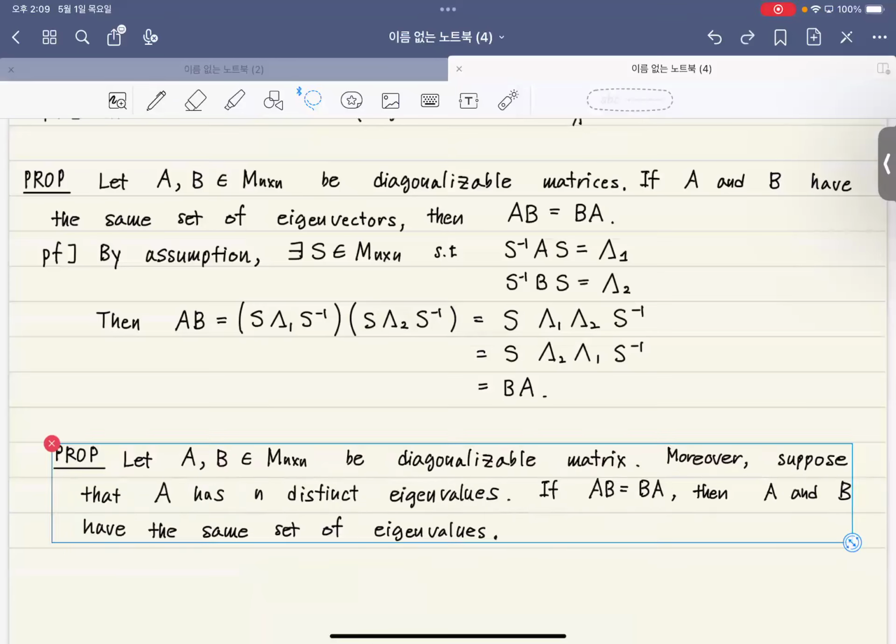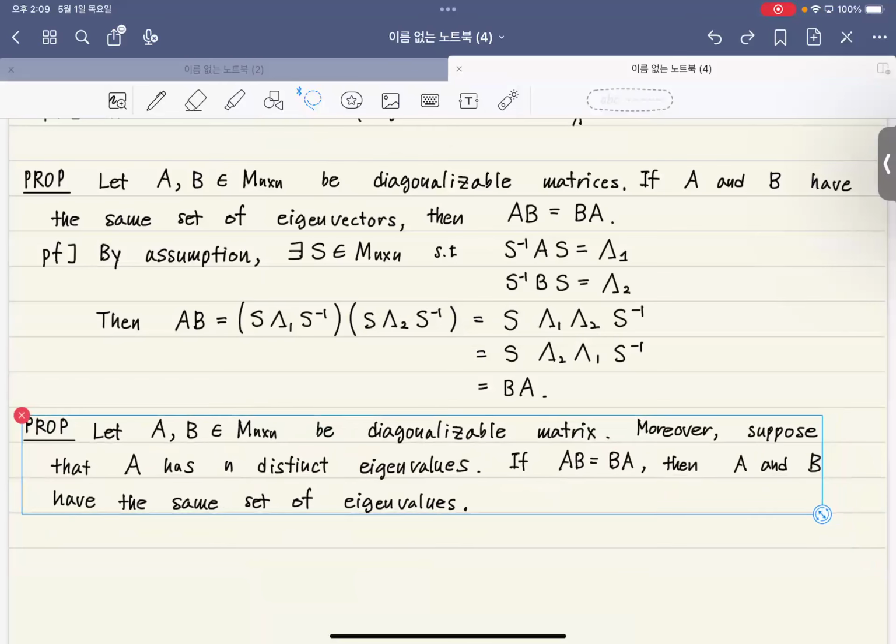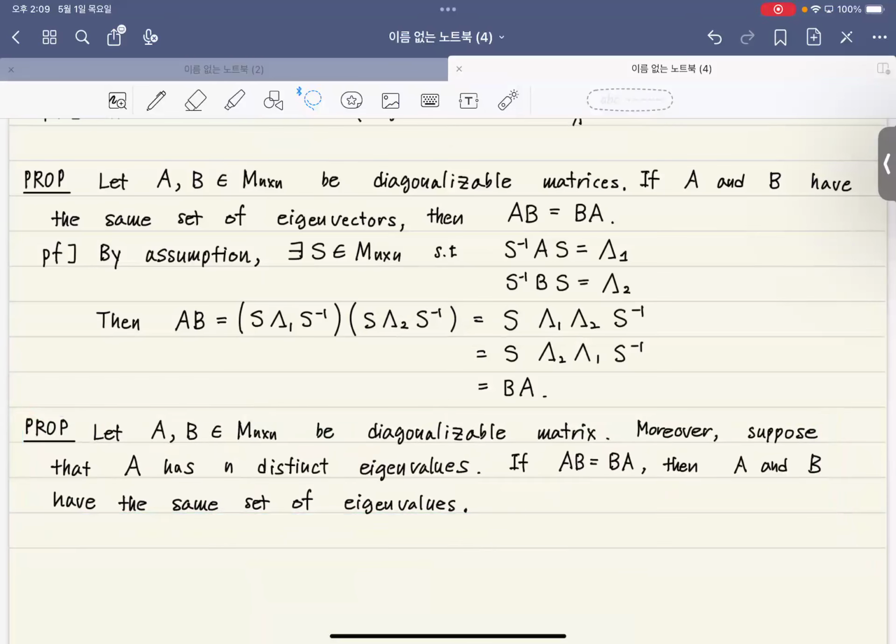In fact, the partial converse of the above proposition is also true. Again, let us assume that A and B are both diagonalizable matrices, and I am putting an additional assumption on A: A has n distinct eigenvalues.